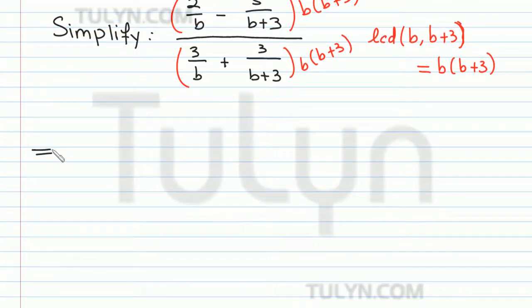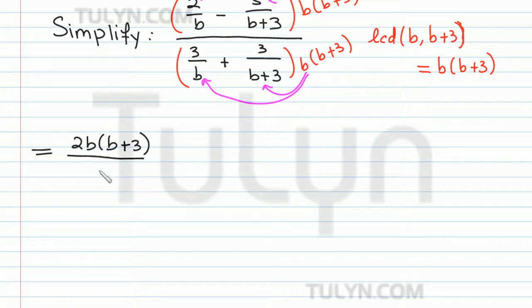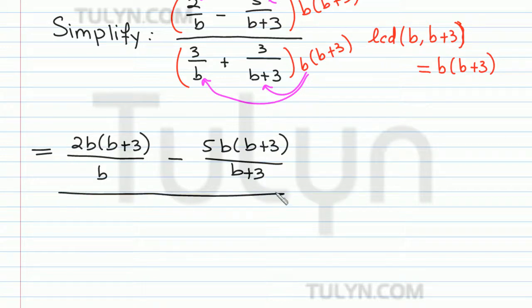So I'm just going to distribute b times b plus 3 into all of these terms without simplifying first. So we're going to get 2b times b plus 3 over b minus 5b times b plus 3 over b plus 3 as the numerator.